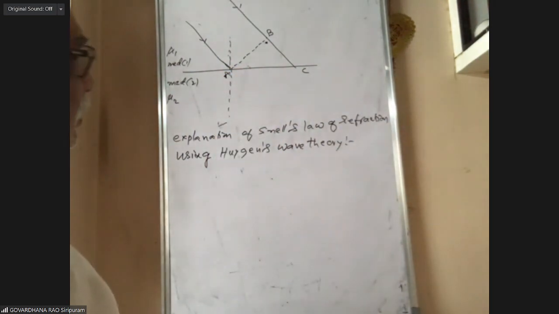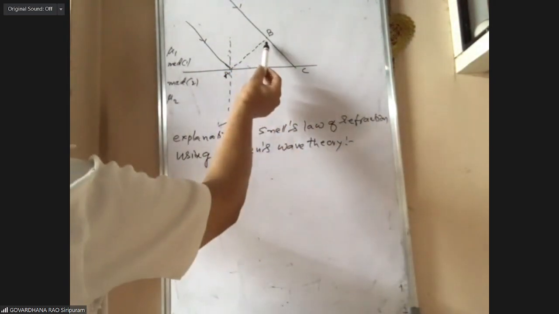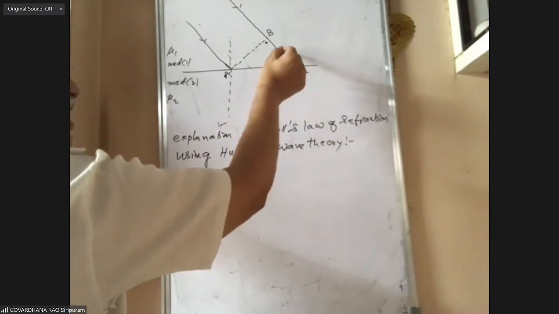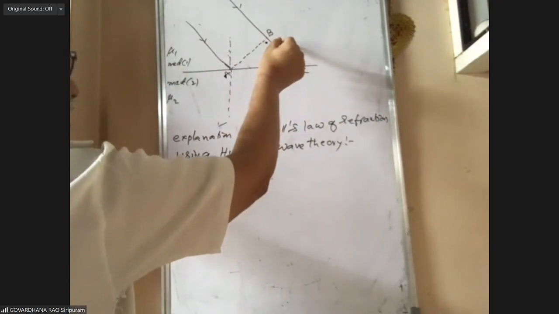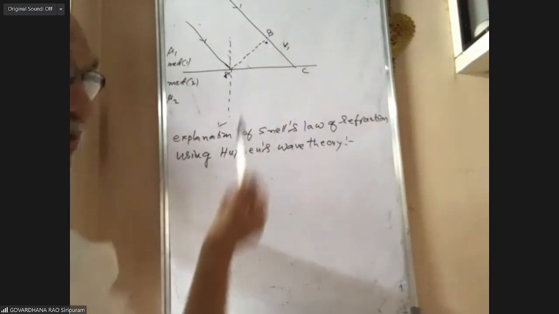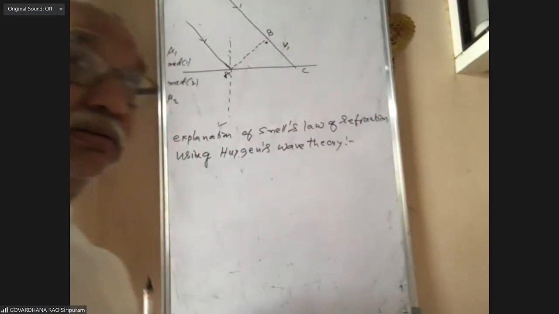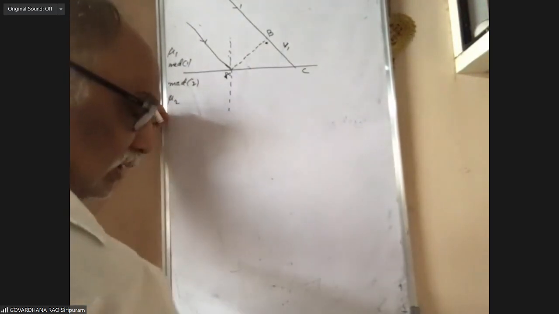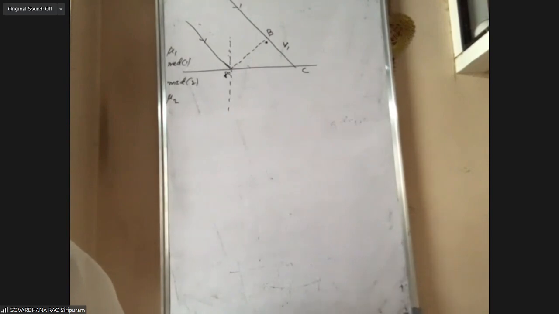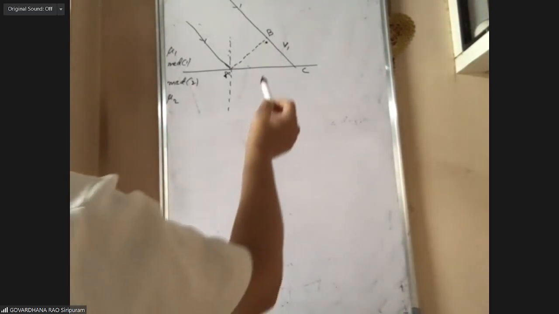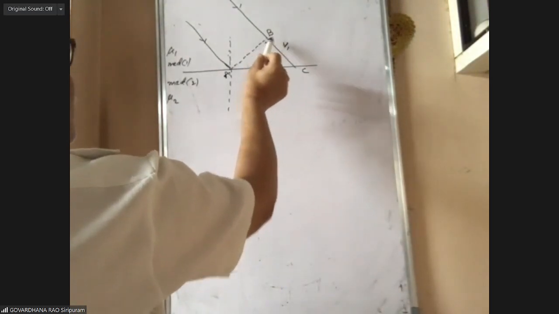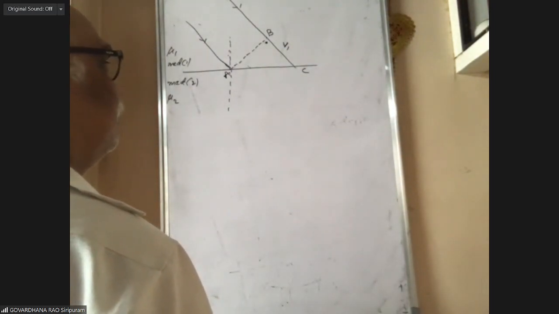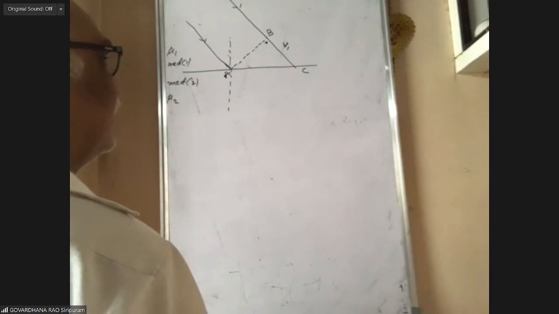So this light is traveling from point B to the point C with what velocity? V1. It travels with V1 velocity. Right? Now what is the distance traveled from B to C? BC is V1 into T.